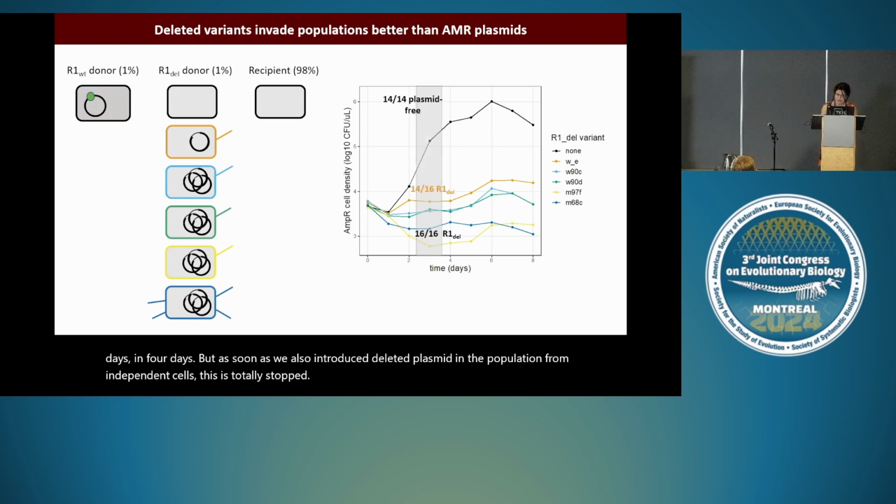And when we zoom in at an intermediate time point, we find that the wild-type plasmid hasn't spread yet really in most of the population, but all of the deleted plasmids have. And this also includes deleted plasmids which are not high copy number. So this suggests that the mechanism for increased horizontal transmission is here just due to the fact that those plasmids are smaller and transmit faster.